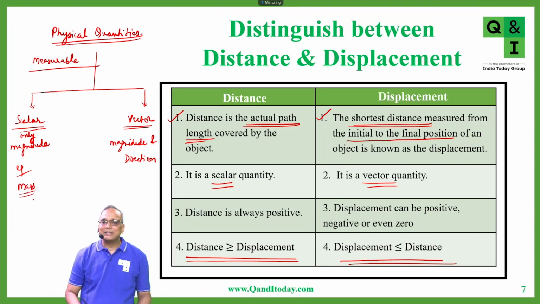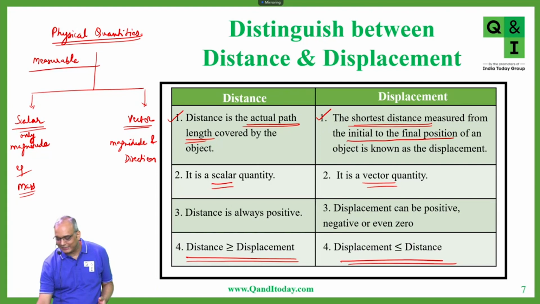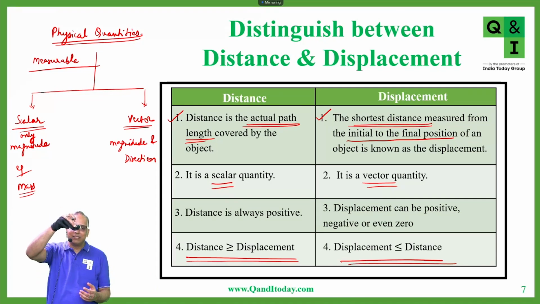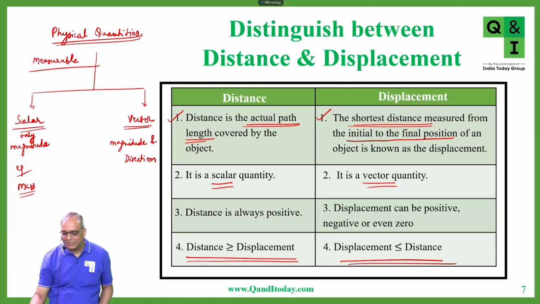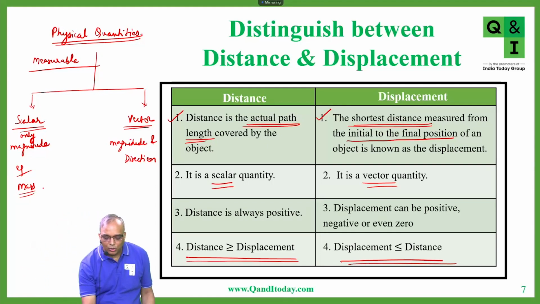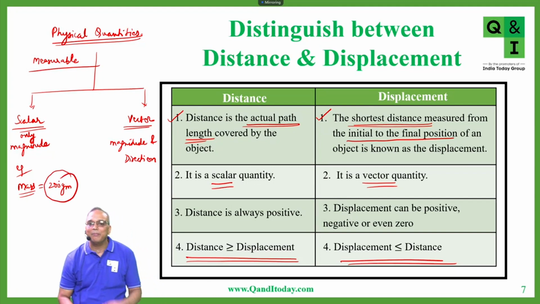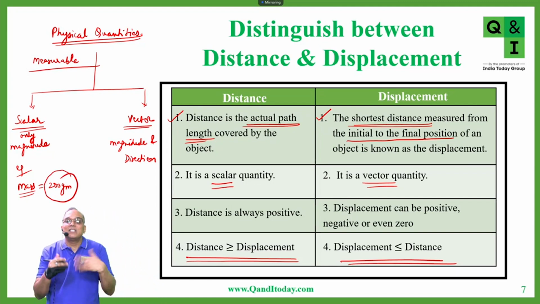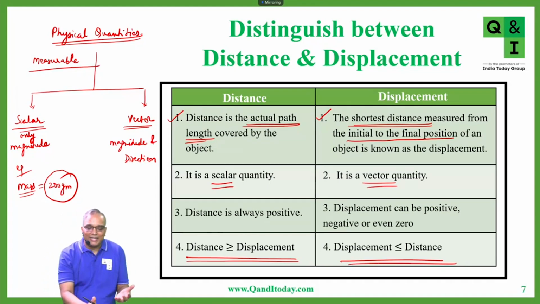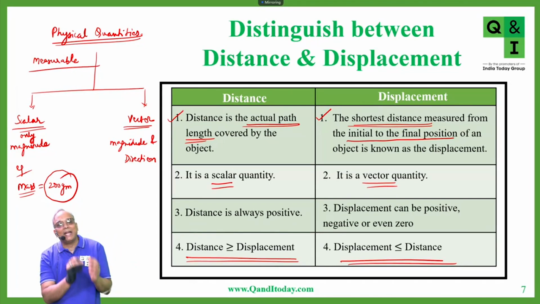For example, the first scalar quantity is mass. When you mention the mass of some object, let's say the mass of this object in my hand is 200 grams. When I mention the mass as 200 grams, I am only mentioning the magnitude. Magnitude means how much mass. You don't need to specify the direction.